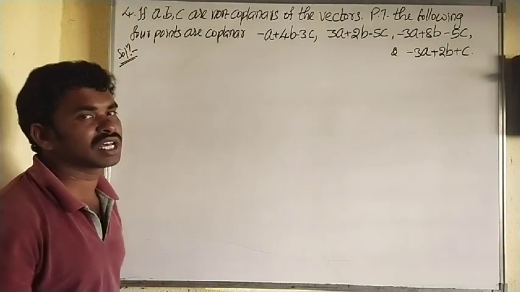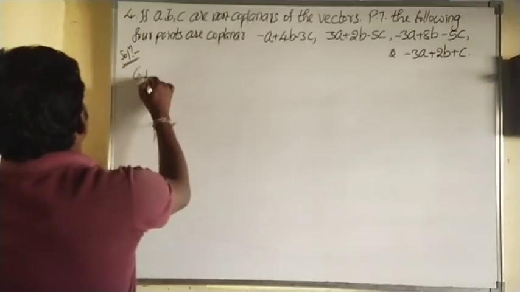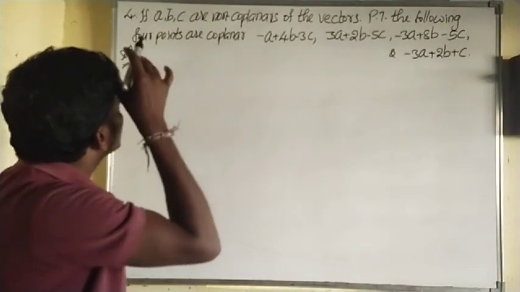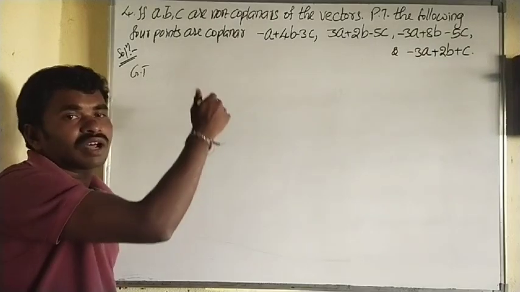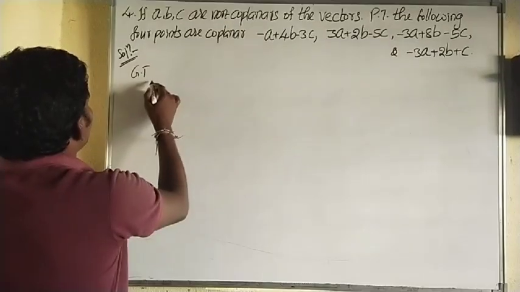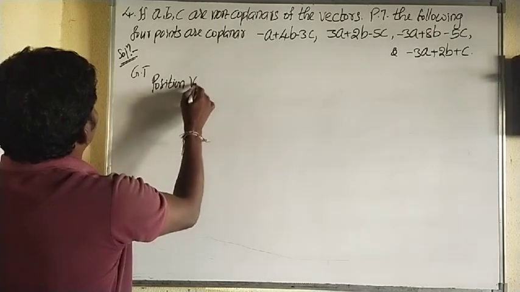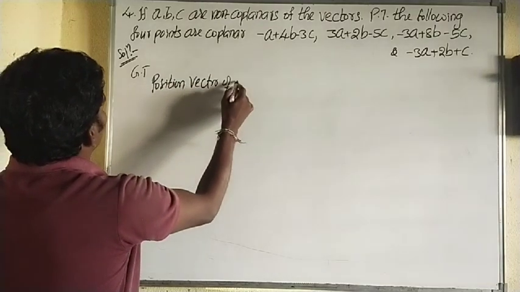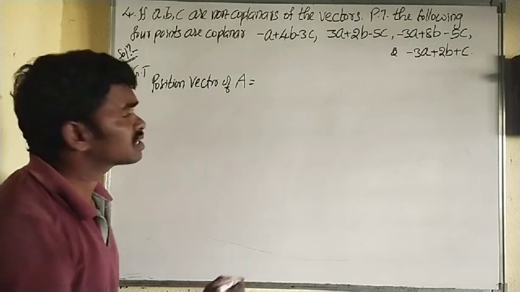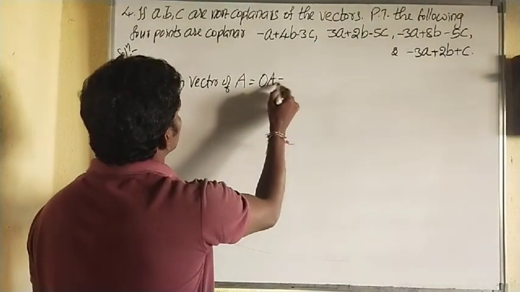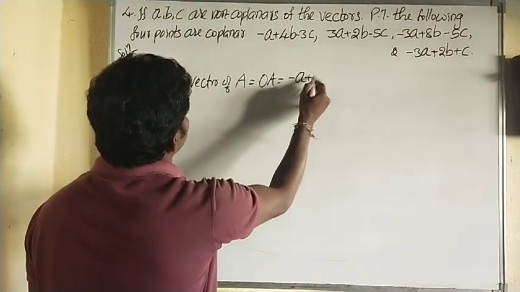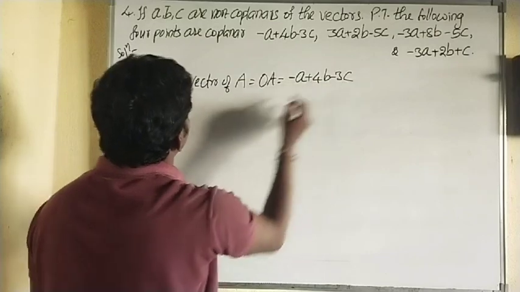So 4 points are given, and we have to write the position vector of each and every point. Let the position vector of A, the first point, be OA equals minus a plus 4b minus 3c.